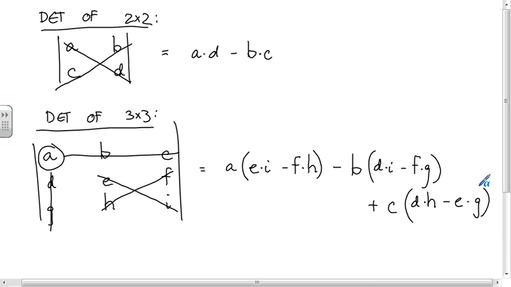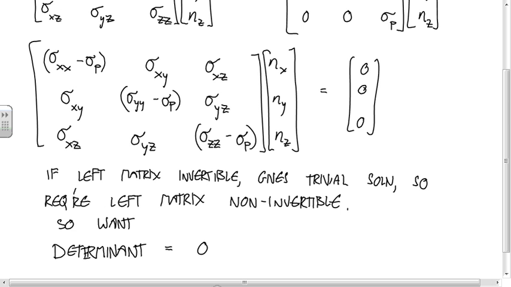So you can imagine using this same approach for this sort of ugly matrix. What do you know about that matrix? What's going to be the order of the determinant of this matrix?